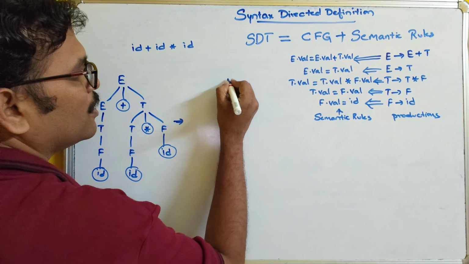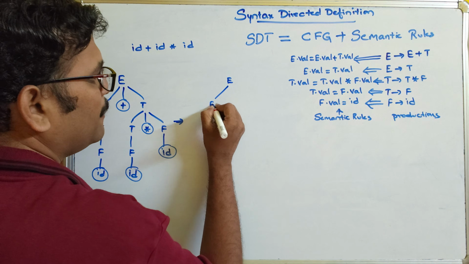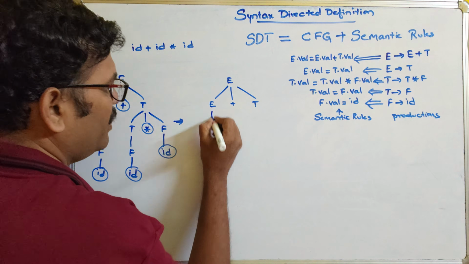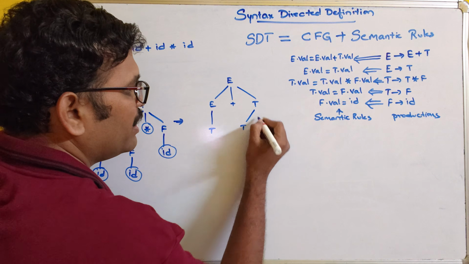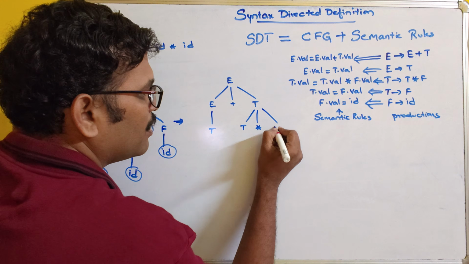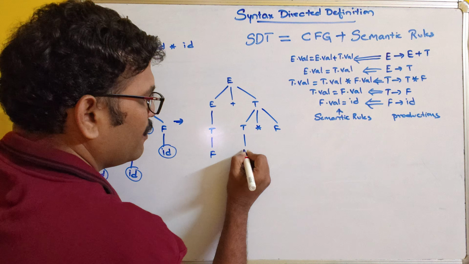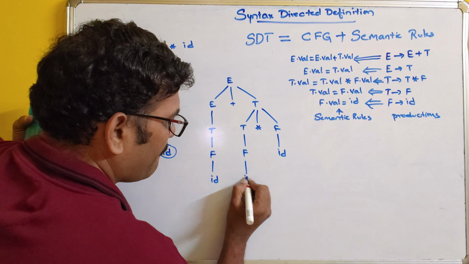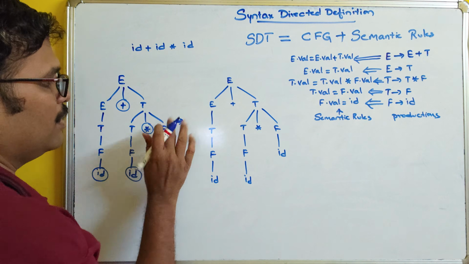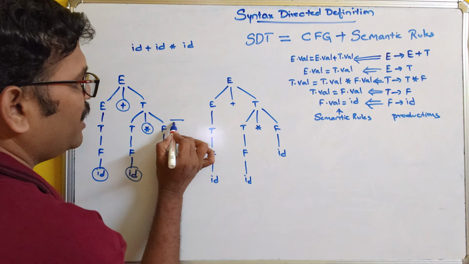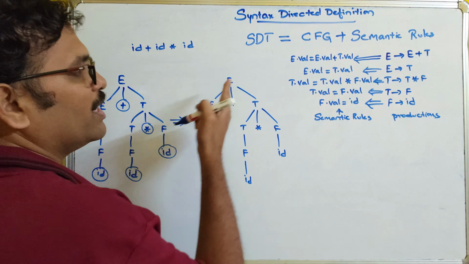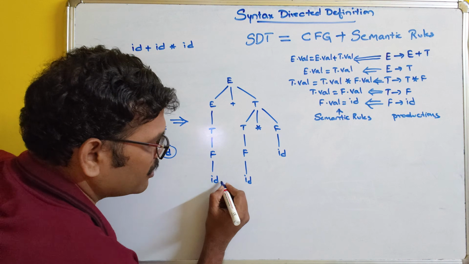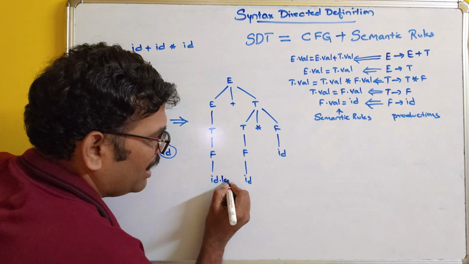See, E plus T, and the same thing, T star F, ID. So this can be written like this. Go with the bottom up. So this is an ID, so ID dot lex val.